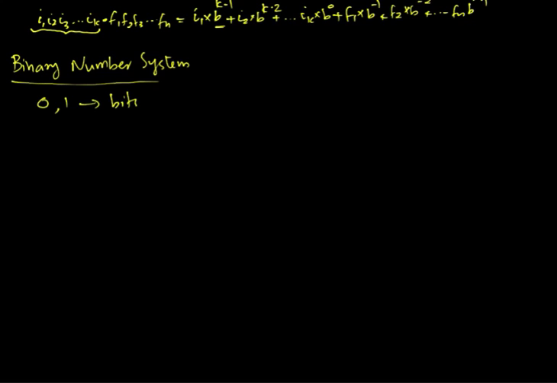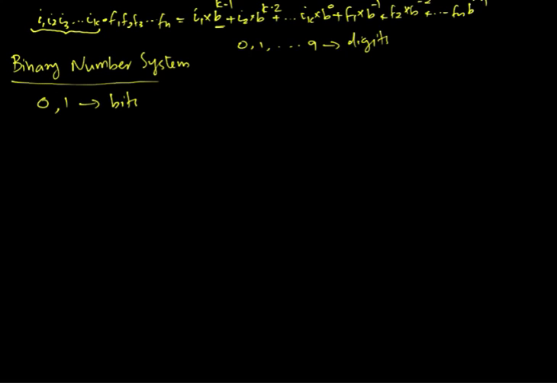In the case of decimal number system, the symbols from 0, 1, 2, etc. up to 9 are called the digits. Here they are called the bits. 0 and 1 are called the bits. So these bits are formed in different numbers in the binary number system.